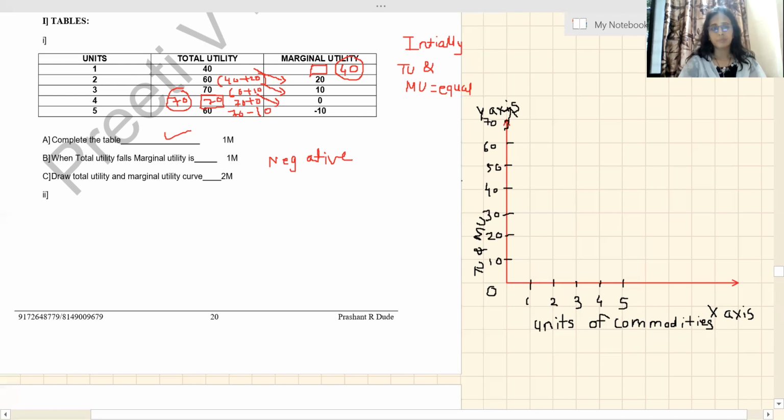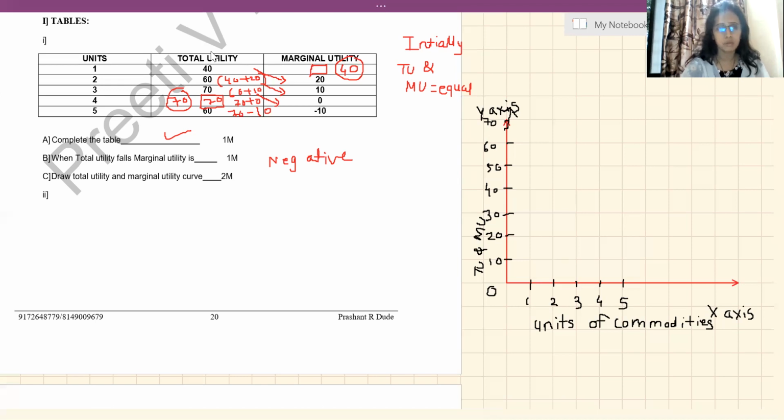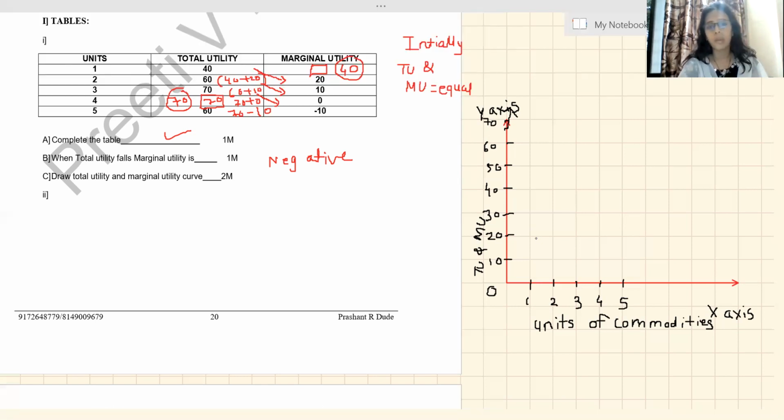Okay, now while drawing, I already told you, we will use some different color. While drawing, first you will draw TU. Now tell me, at first unit TU is 40, at second unit my TU is 60. See here, I will mark like this. At third unit my TU is 70 units.